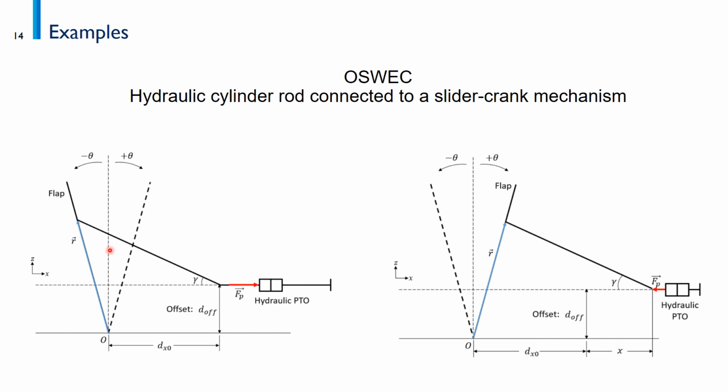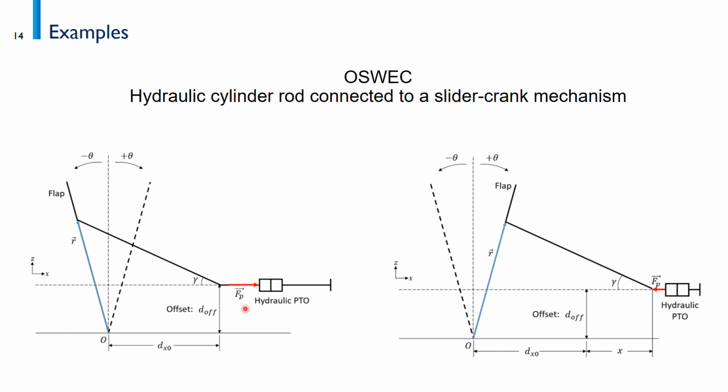So here what you can see is a schematic representation of the movement of the system. As you can see here, when the flap moves, right, this angle changes, the length of this rod, sorry, is constant, but the length of the hydraulic cylinder is not constant.